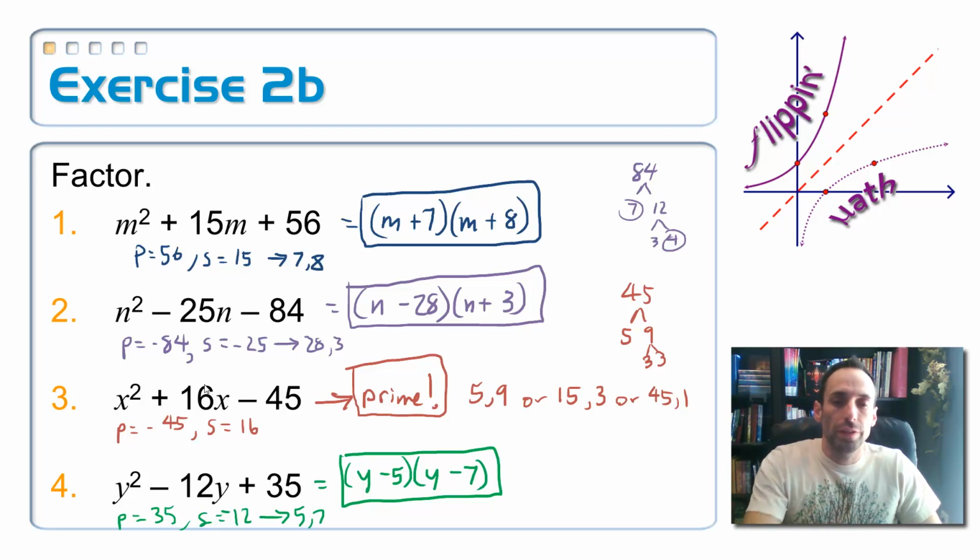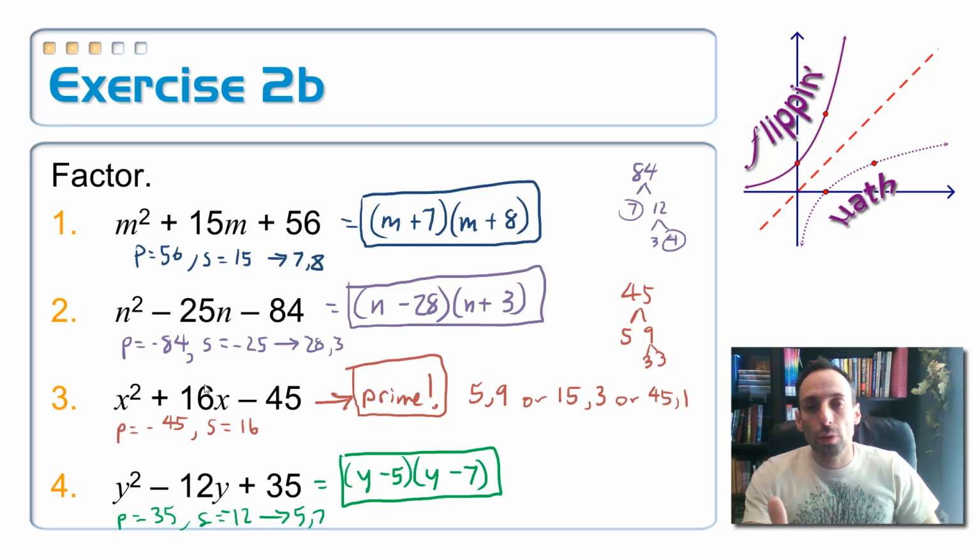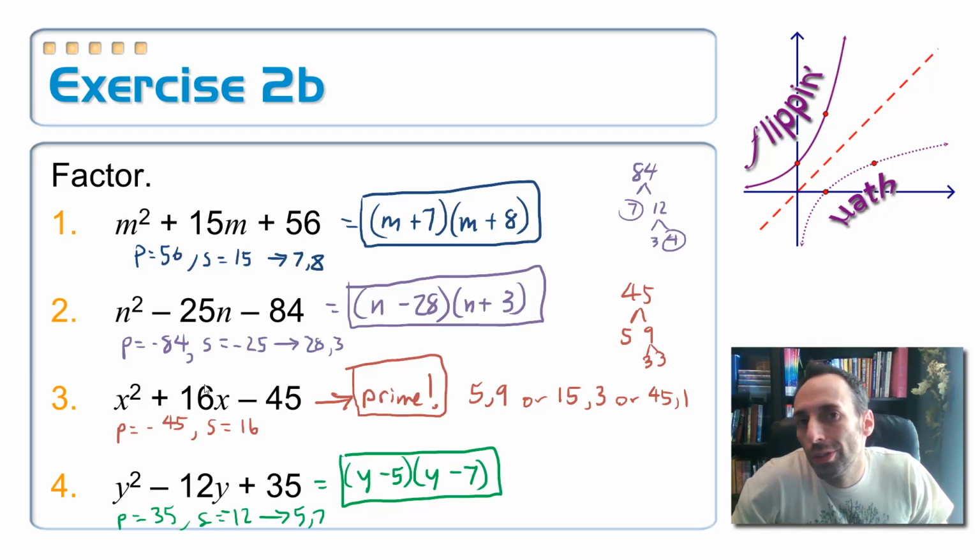How about 15 times 3? Well, that's not going to give us 16 either. There's one other possibility, that's 1 times 45. You're not going to get 16 from that either. That means that number 3, x squared plus 16x minus 45, is prime. You can't factor it anymore. Some of these are going to be like that. You'll see that on your homework, and you'll see it on your quiz too.